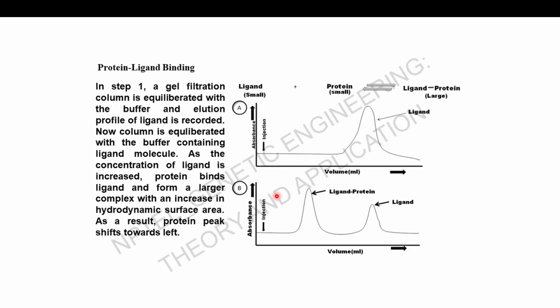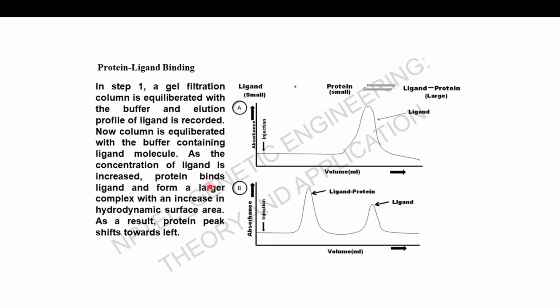You can also check protein-ligand binding using gel filtration. If the concentration of the ligand is increased and the protein binds to that particular ligand, the protein-ligand complex will have a larger hydrodynamic surface area, and hence it will elute out much earlier as compared to only protein or only ligand.